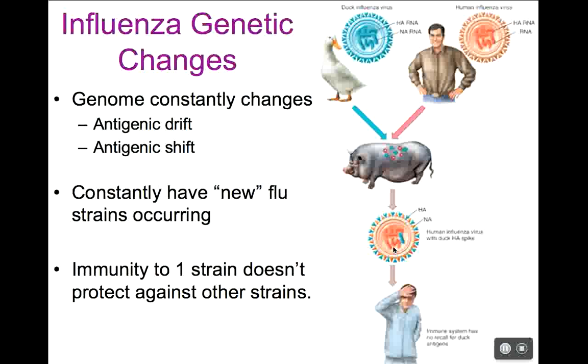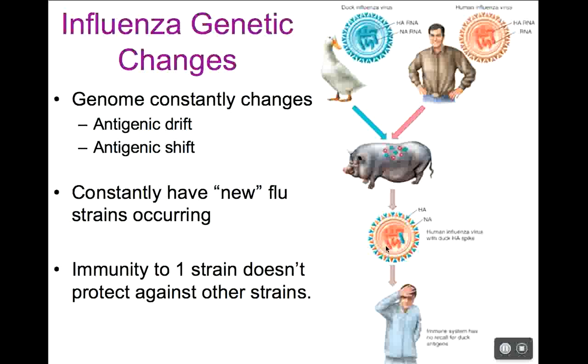In other words, immunity to one strain doesn't protect you against other strains. If you are immune to the blue strain and you are immune to the red strain, when the two of them recombine and create one that's part red, part blue, it's brand new to your immune system. You have no protection against the new strain.